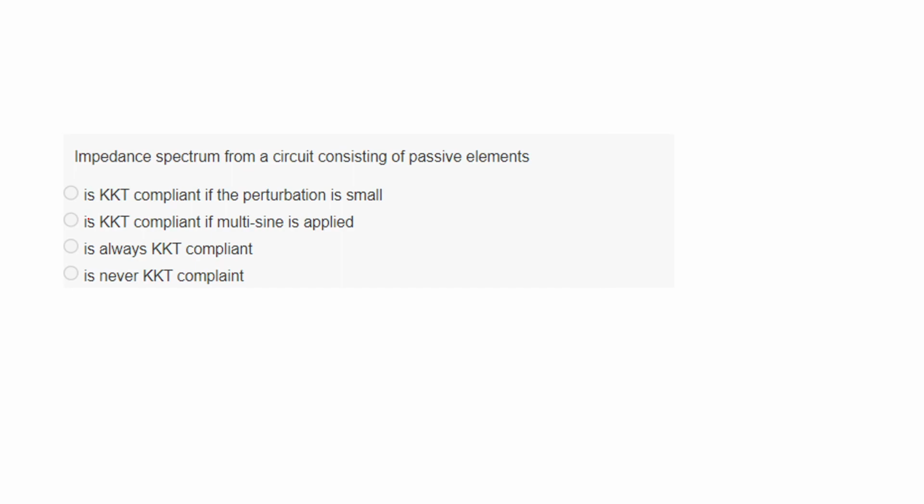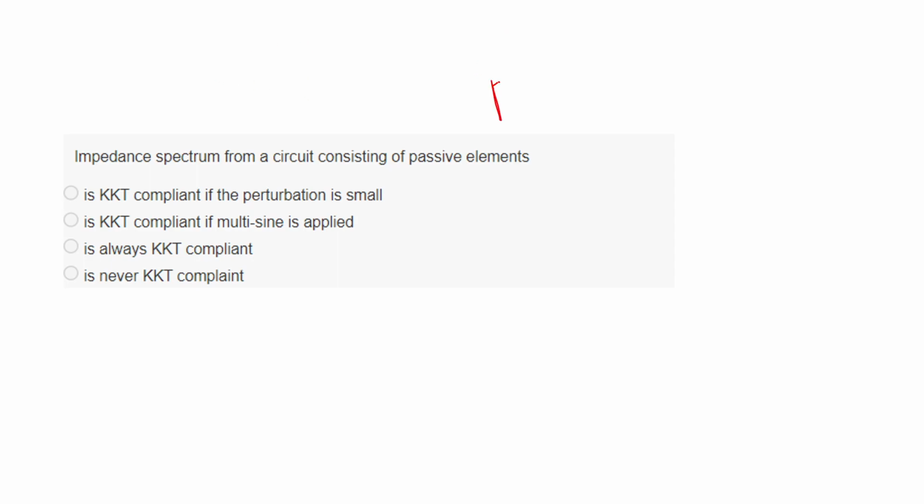An impedance spectrum from a circuit consisting of passive elements: is it KKT compliant if perturbation is small, is KKT compliant if multi-sine is applied, is always KKT compliant, or is never KKT compliant? What do you mean by passive elements?